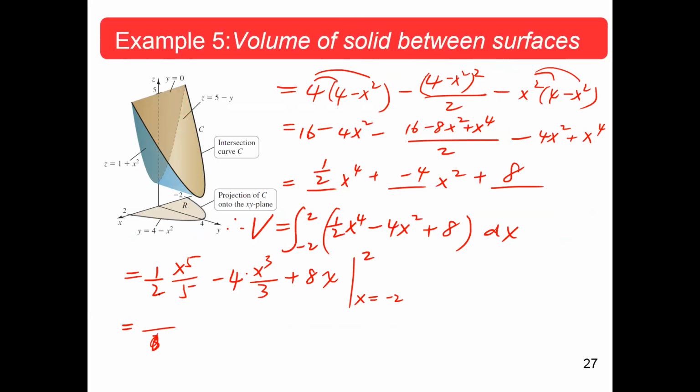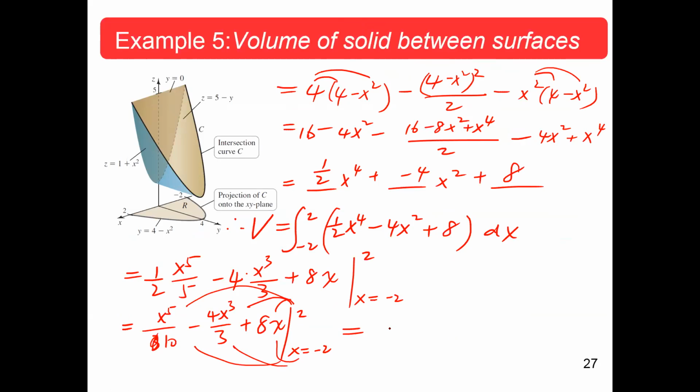All right, so we have 2 times 5, that's 10, x to the 5th, minus 4/3 x cubed, plus 8x, x goes from negative 2 to 2. When you're evaluating these, you can just plug 2 in and plug negative 2 in, okay? Due to time limitation, I'm not going to finish the calculation here, but you know what to do, right? And that's going to be your answer.